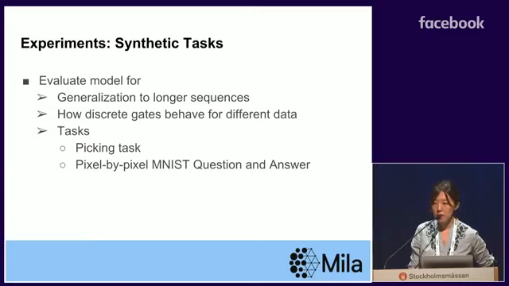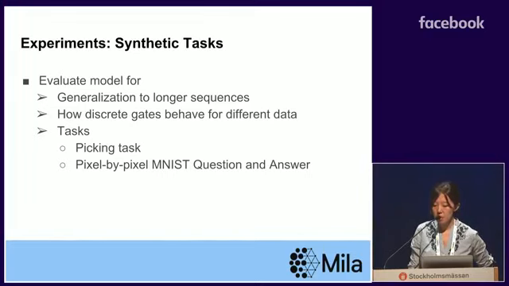So in order to evaluate our model, we evaluated on 4 data sets. 2 of them are synthetic data sets, and 2 of them are real large-scale question answering data sets. For the synthetic data sets, we really want to evaluate the model for 2 things. One is the ability to generalize to longer sequences. I'll talk about why we want to test for this specifically later on.